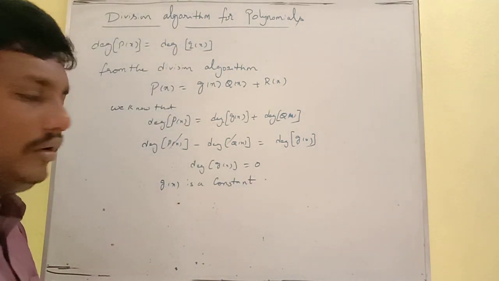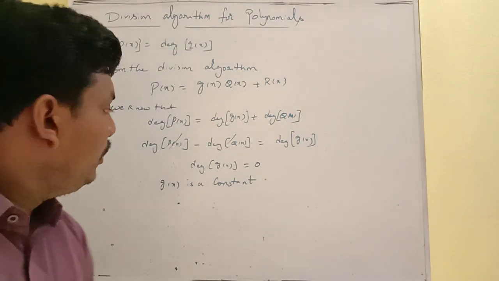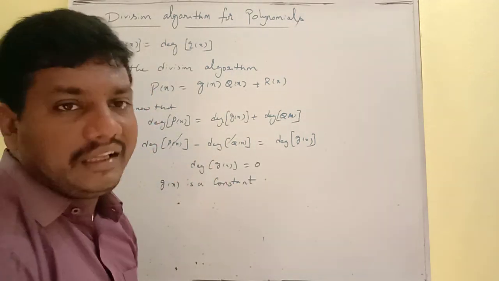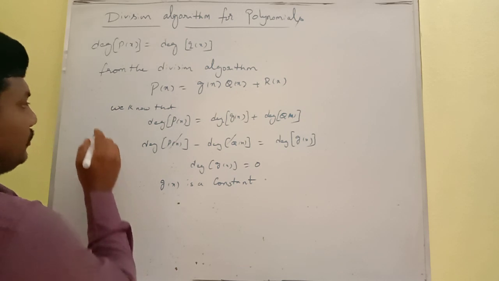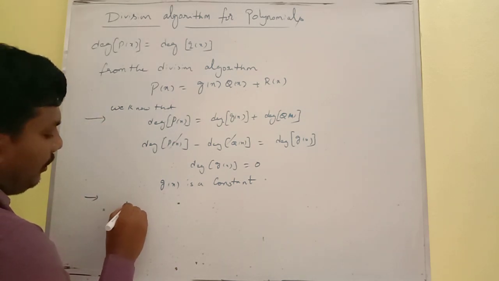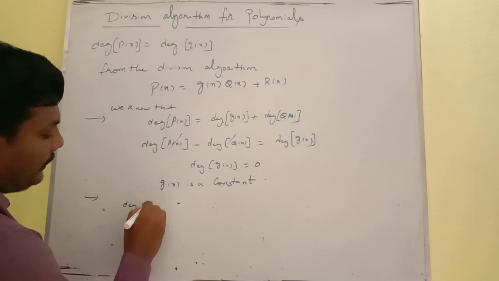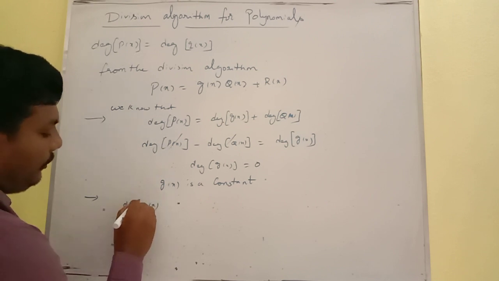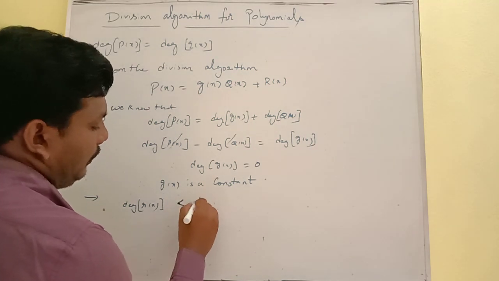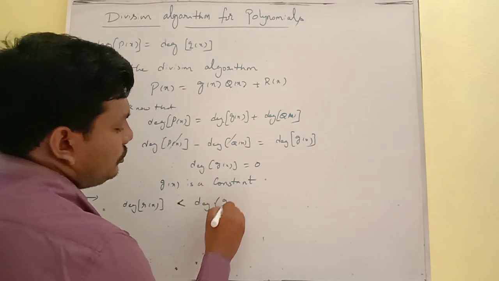So we decided. According to the condition, the degree of r of x is always less than the degree of g of x. So one more condition we have to write: degree of r of x is always less than degree of g of x.